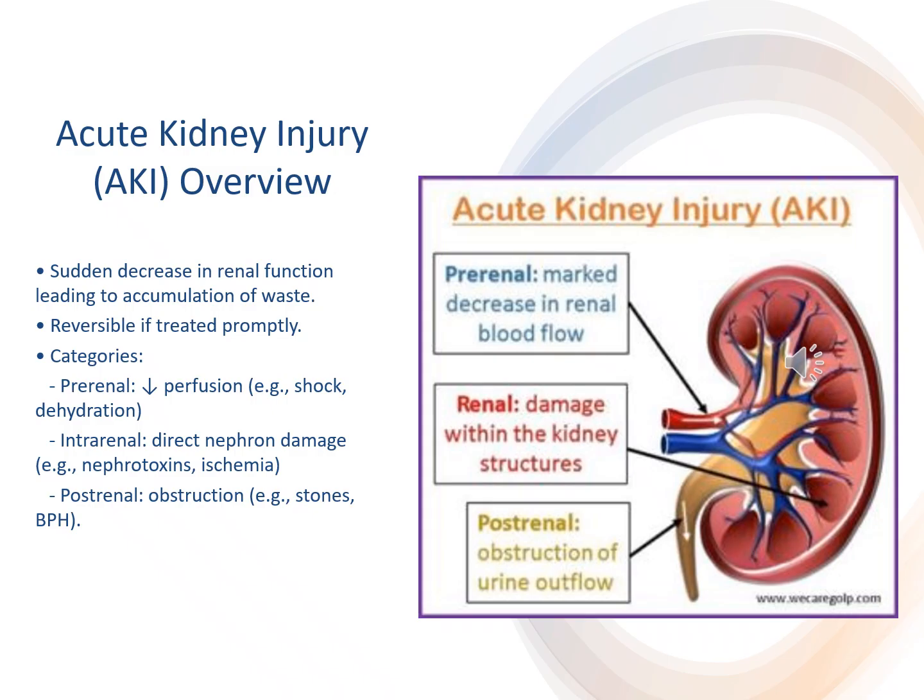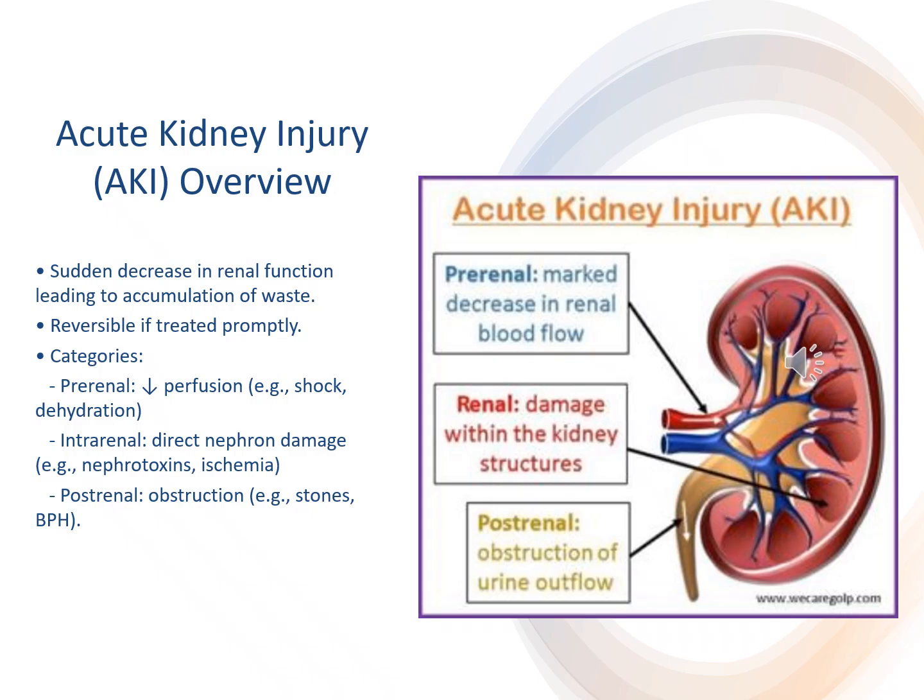Okay, so we're going to talk about one of the first disorders of our kidneys. We're going to talk about acute kidney injury, AKI. This is also called acute renal failure. So acute kidney failure or acute kidney injury is a sudden decline in kidney functioning, resulting in the inability for that kidney to maintain acid-base balance, the inability to regulate the fluid and electrolyte balance, and the inability to filter waste.